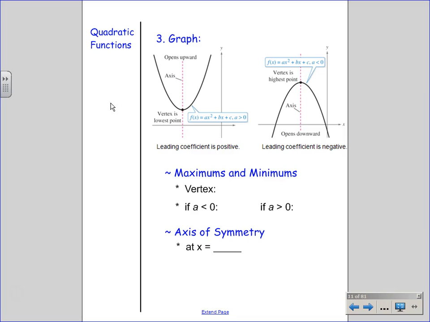When you get the worksheet, name, period, group number. Guys close?